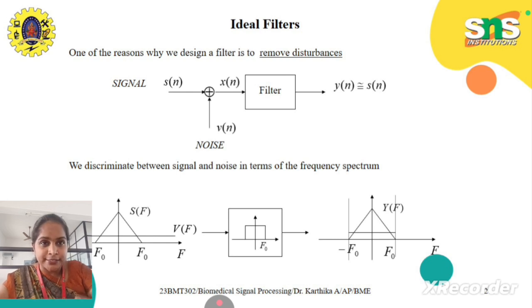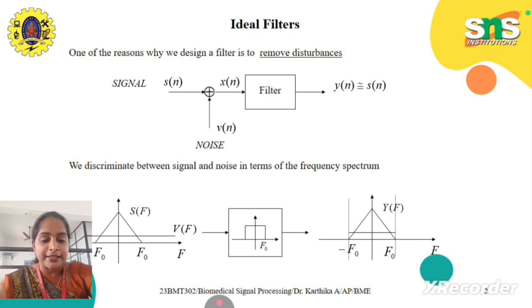See here in this first diagram, signal S of n, which is mixed with the noise V of n, provides the output X of n. Here, the filter takes the input X of n and provides the output Y of n, which is a filtered output. We discriminate between signal and noise in terms of the frequency spectrum.